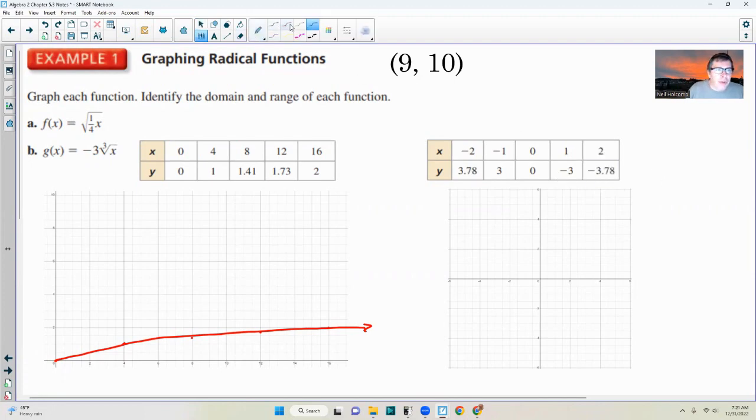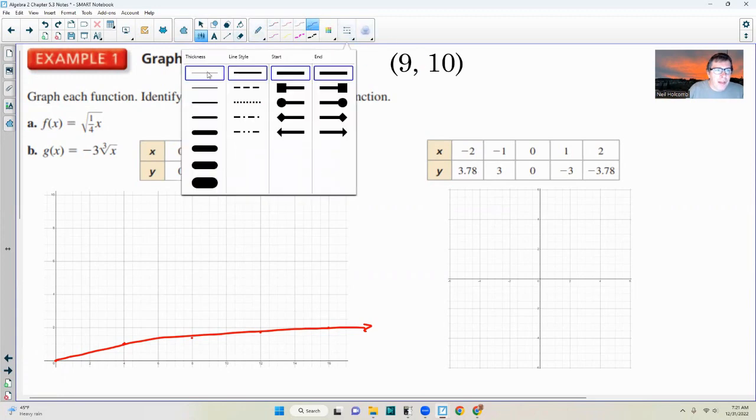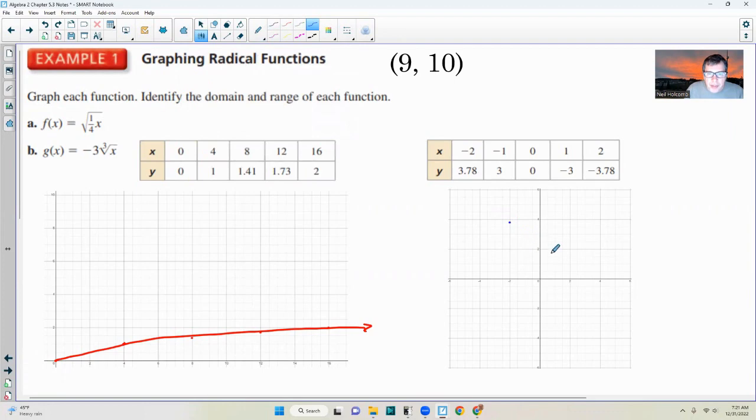Okay, so now when I go to graph this, I'm going to go to -2, and it's going to be 3.78, which is approximately there. Go to -1 and up to 3, which is right here. Go to 0, 0 is here. 1, -3 is here.